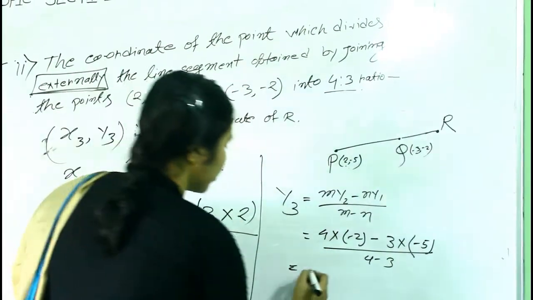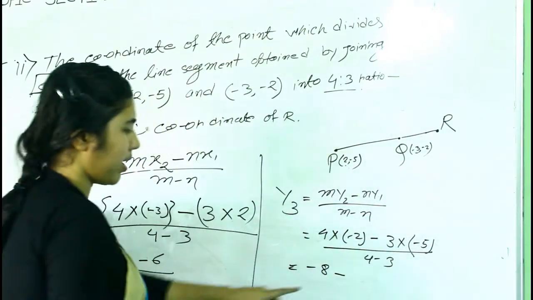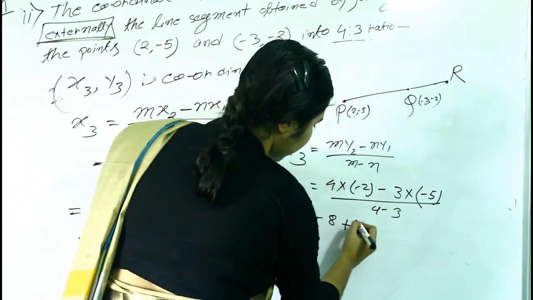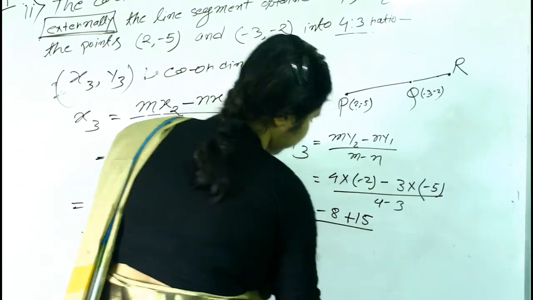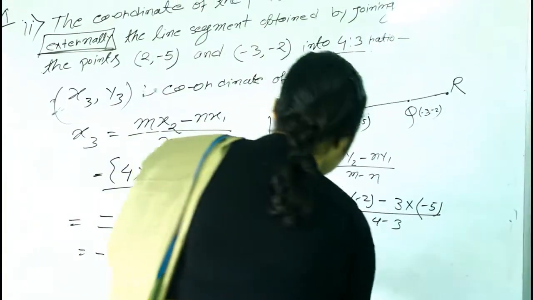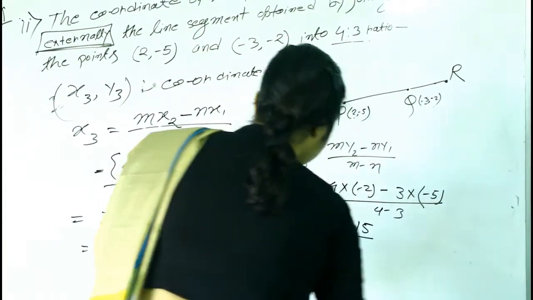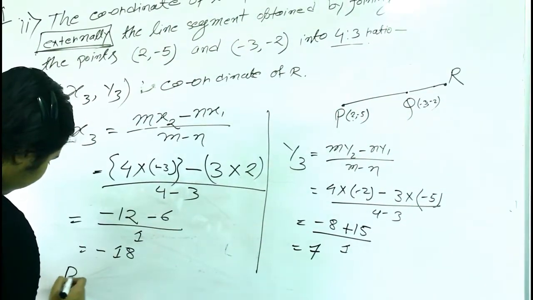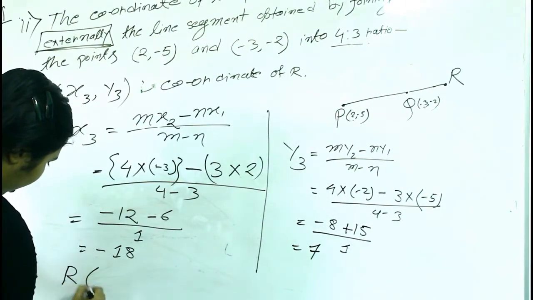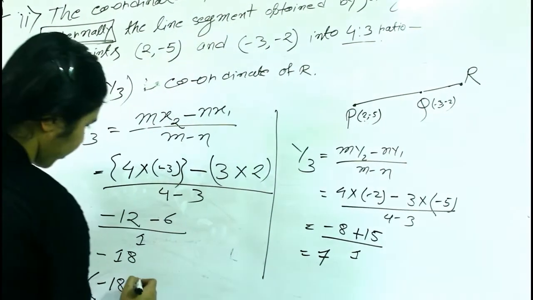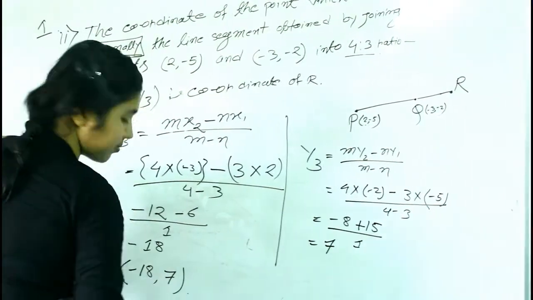Now 4 into -2 is -8, minus of -15, which means plus 15, by 1. So 7. So here the required coordinate of the point R is (-18, 7).